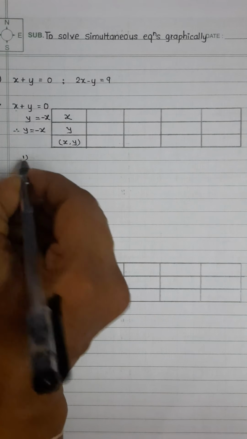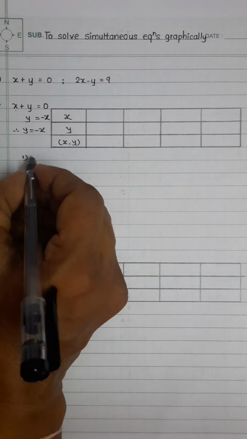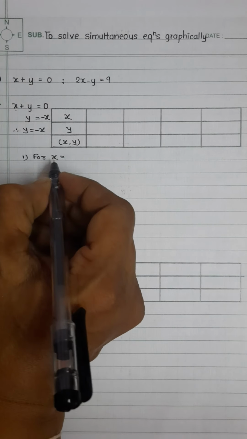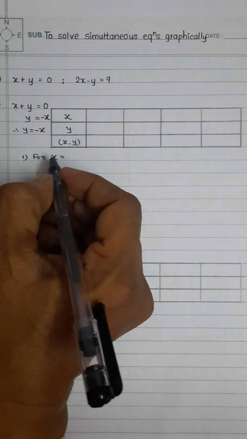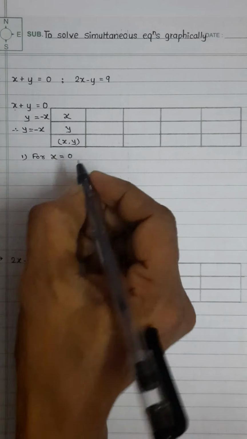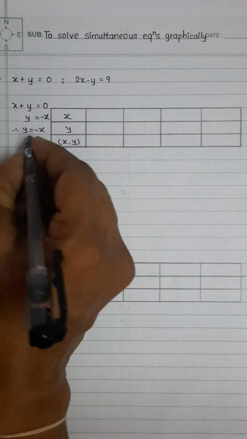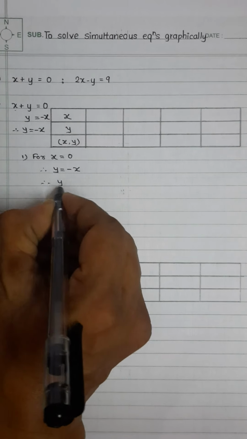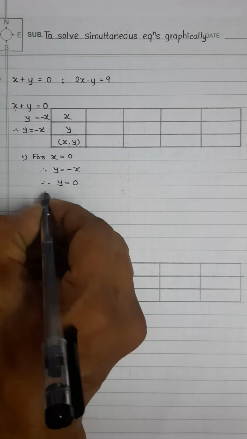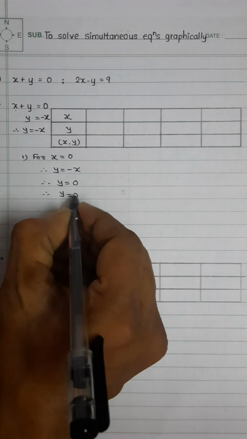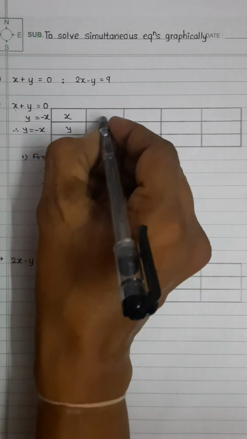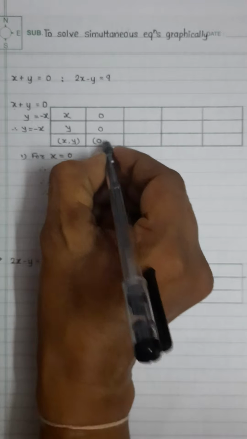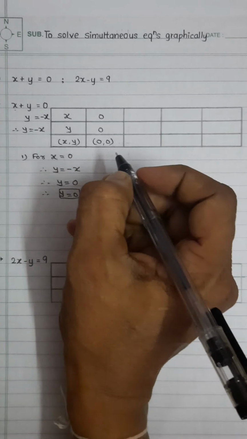Now for the first equation, for the first value we take x is equal to 0. Then write down this equation, y is equal to minus x. Therefore we get y is equal to 0. So when x is equal to 0, the value of y is also 0, and the order pair is 0, 0.